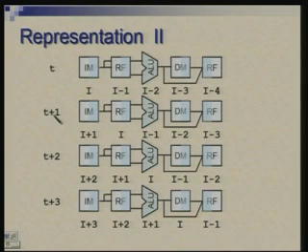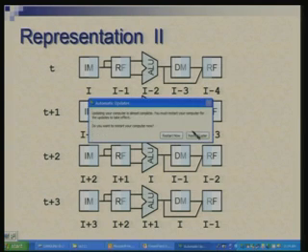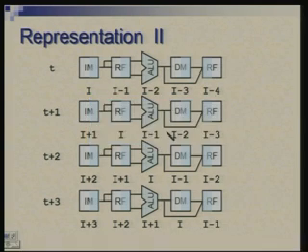In the next time cycle, these instructions shift one stage right, and you have I plus 1 here, I here, and so on. So, again you can focus your attention on a particular stage, and you will see how instructions are going past this stage in different time cycles.